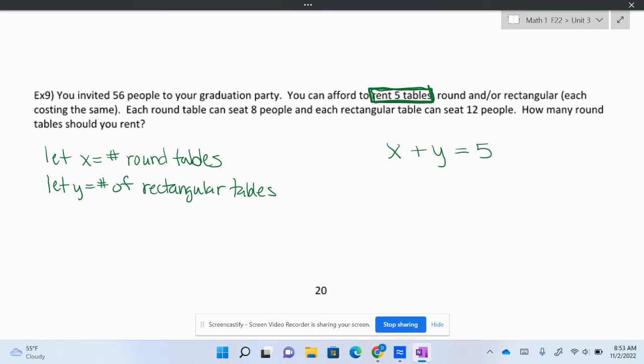Okay. Now we're going to talk about the number of people we can put at each table. How many people fit at a round table? So that's 8x. 8 people at a round plus how many people can sit at a rectangular table? 12y. And how many people did I invite?